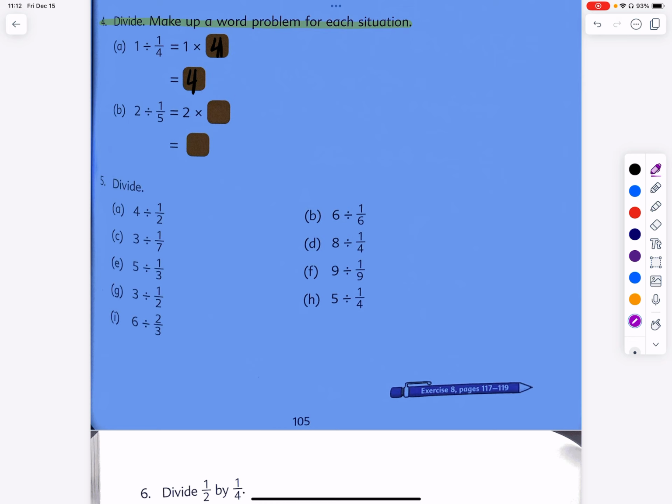We will have 2 liters and we want to split it into cups that are 1/5 liter capacity, which is actually the same as 200 milliliters. How many of such cups will we get from a 2-liter bucket? Well, we know that 1/5 goes into 1 liter 5 times, therefore it will go into 2 liters 10 times altogether.